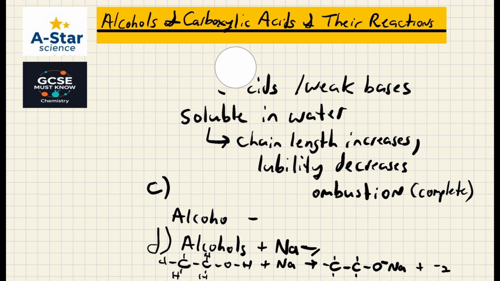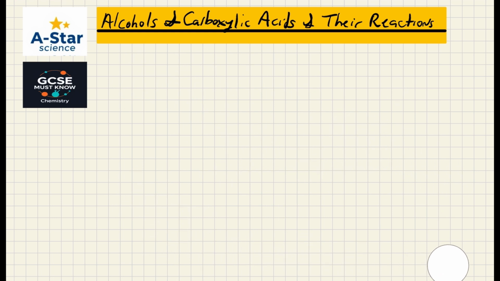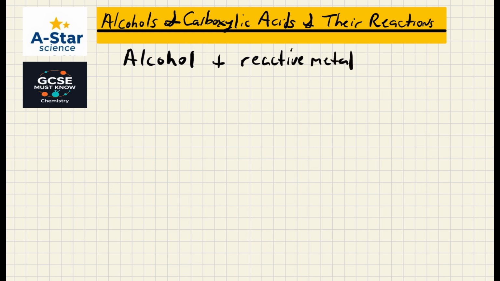Let's create a bit more space so we can look at that in more detail. Let's do that one again. So we have the alcohol plus a reactive metal. The metals that are somewhat reactive, like magnesium, will not give much of a reaction.